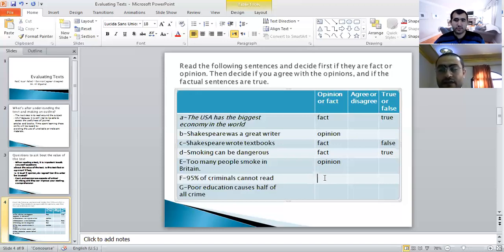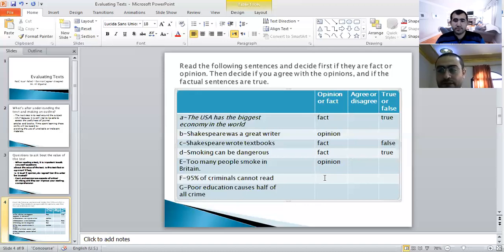I think it's a fact because they mentioned numbers and percentage, 95% of criminals. But this fact is not true.